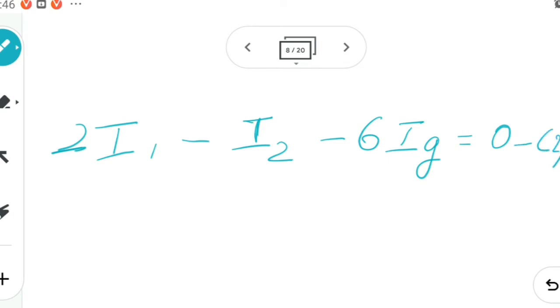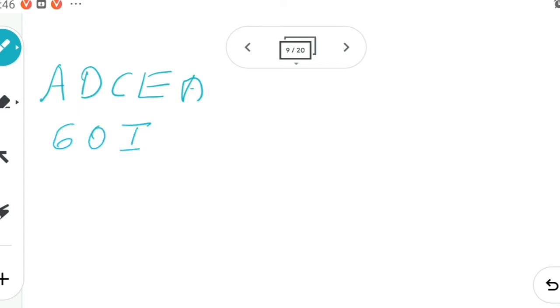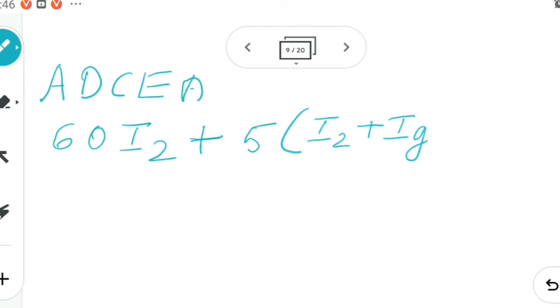Now we will discuss the third equation with the loop ADCEA. For that loop we write the equation: 60 I2 plus 5 into (I2 plus Ig) is equal to 10 volt.